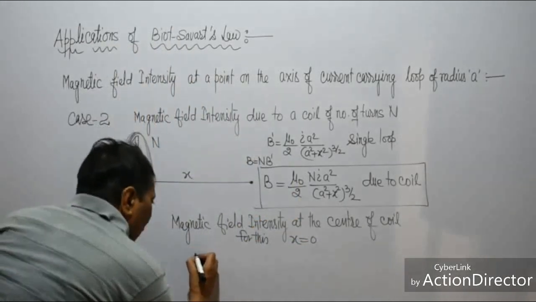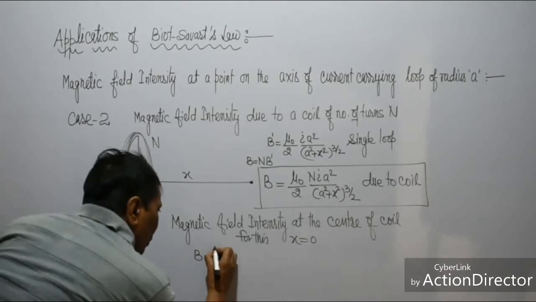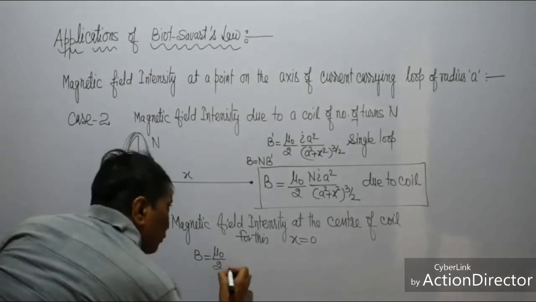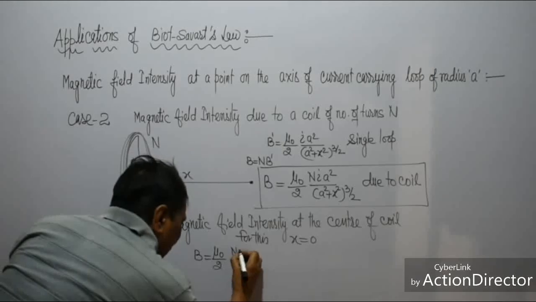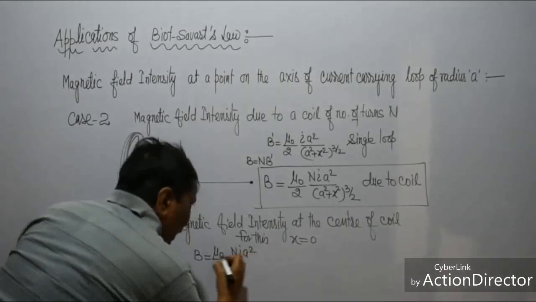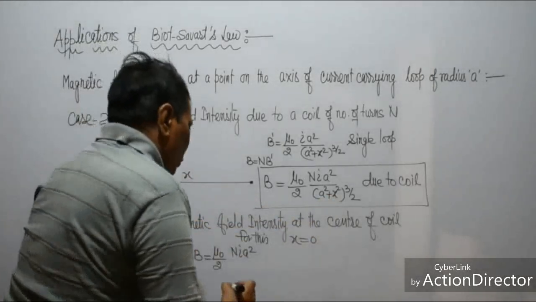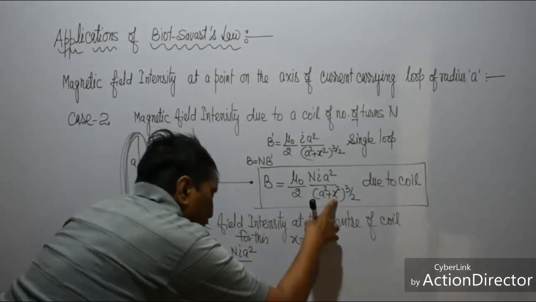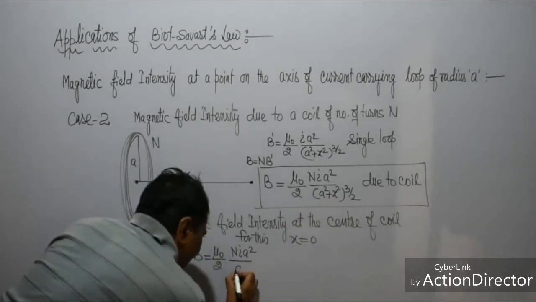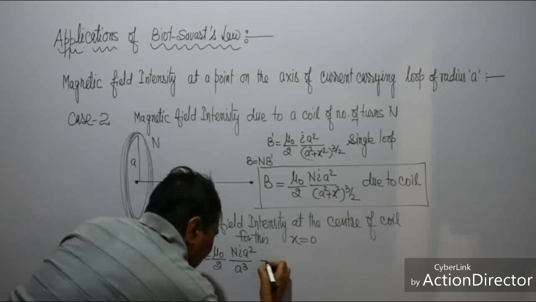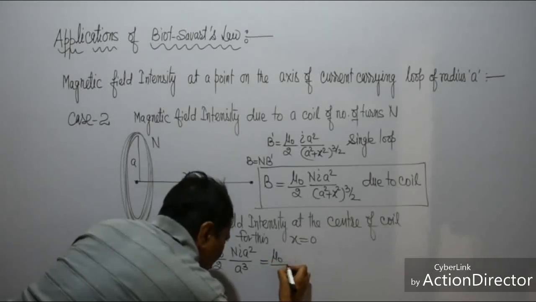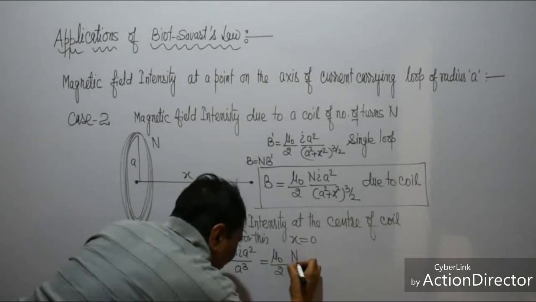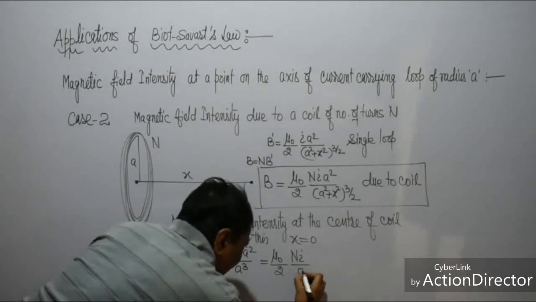So this formula changes to mu 0 upon 2 N I a square, and substituting x equal to 0, we have here a cube. So that is equal to mu 0 upon 2 N I upon a.